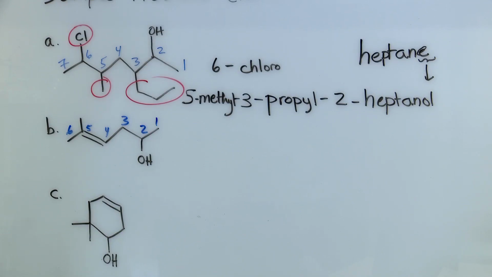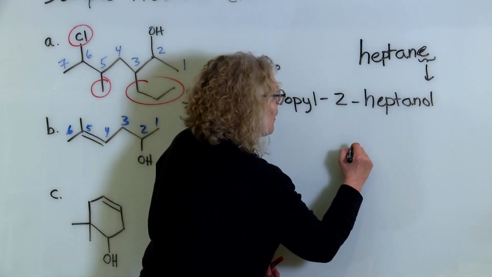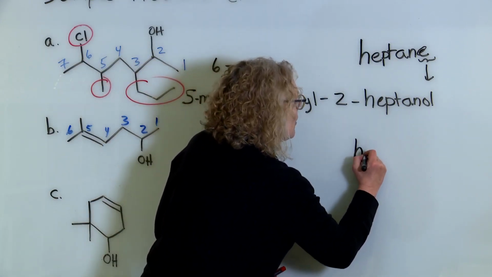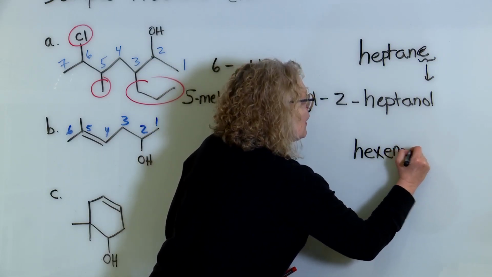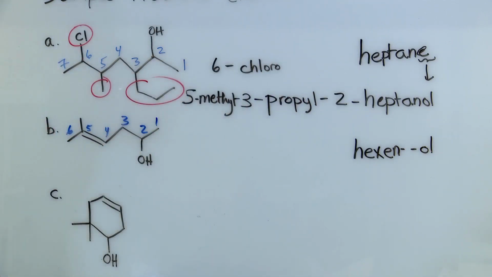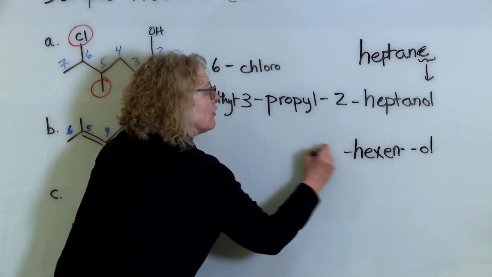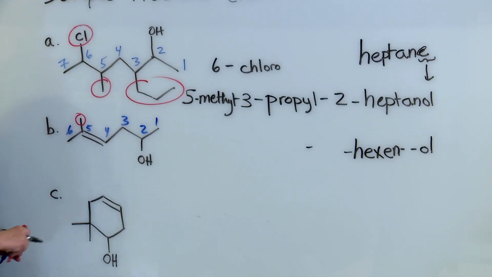This is a 6-carbon parent chain. That means it's a cyclohexene parent, and we call this a hexene. Leave a little space for the numbering of the hydroxyl ol. We do have a substituent. We have a methyl substituent here.